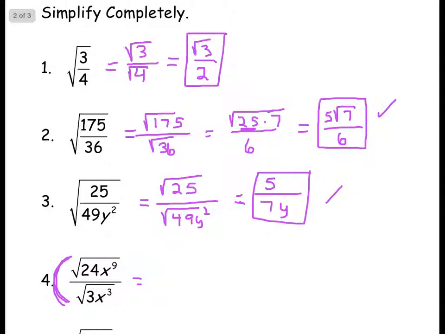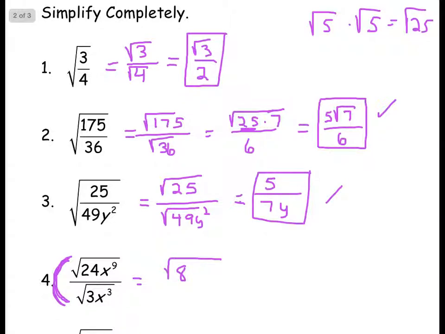Because it's division, I can actually divide, just like when I was multiplying the square root of 5 times the square root of 5, I get the square root of 25. I can do the same thing if I can divide evenly. I can divide the 24 by 3, so the square root of 24 divided by the square root of 3 gives me the square root of 8, because 24 divided by 3 is 8.